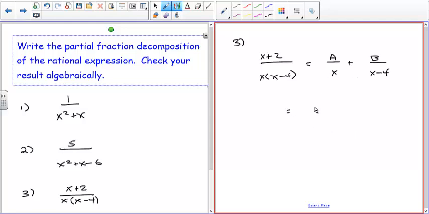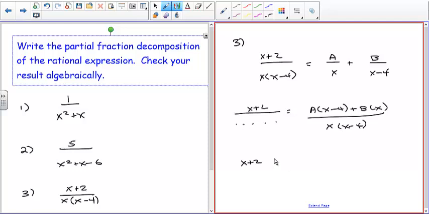Okay, so you cross multiply a times x minus 4 plus b times x, all divided by x times x minus 4. On the left-hand side, we've got the same denominator, so we can set the numerators equal to each other.